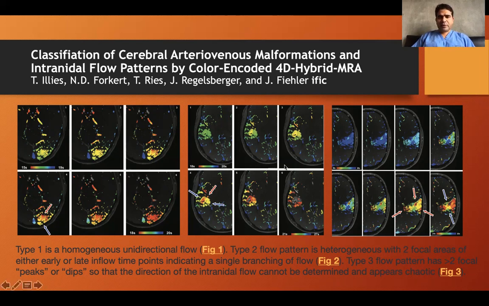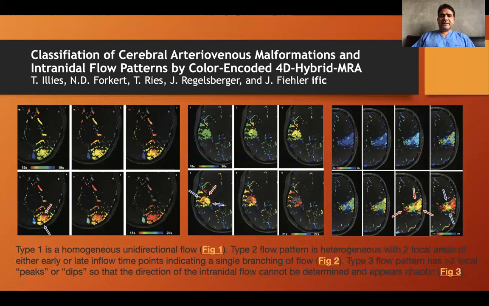Type 2 is heterogeneous flow, with two focal areas of either early or late inflow time points indicating a single branching of flow. And the third type has a flow pattern with peaks and dips, so that the direction of the intranidal flow cannot be appreciated.